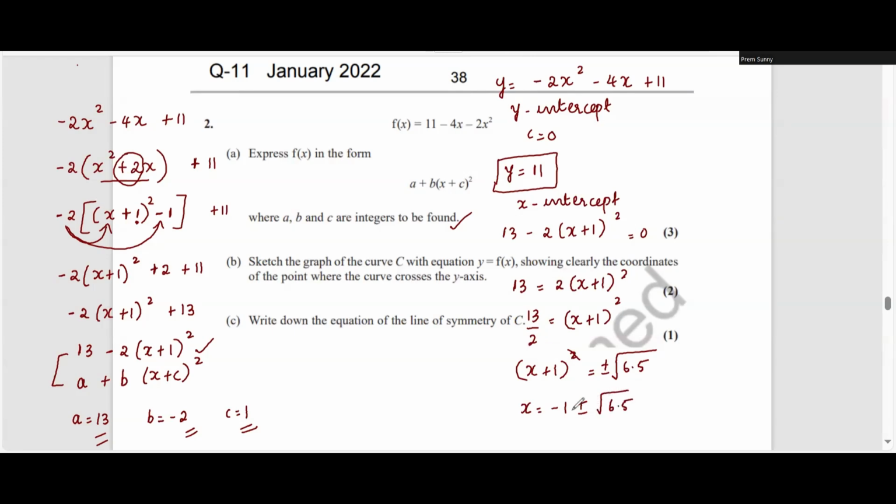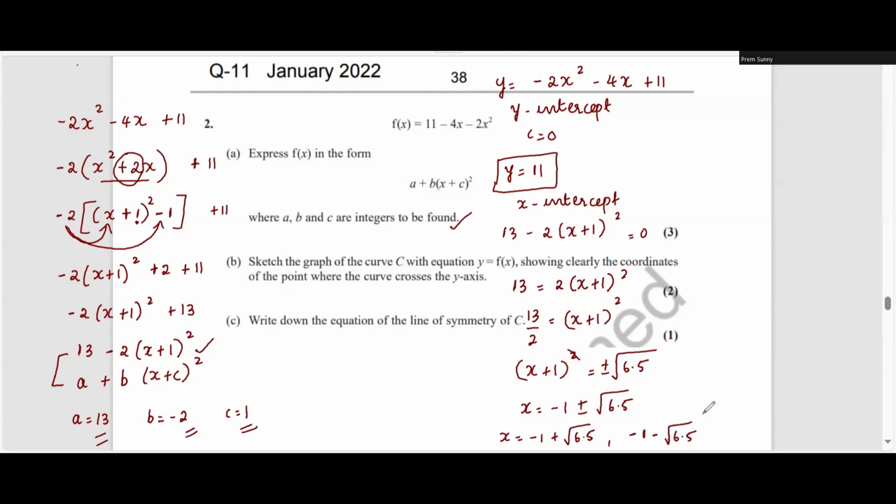If we put this in the calculator, both your x values are going to be minus 1 plus the square root of 6.5 and minus 1 minus the square root of 6.5.